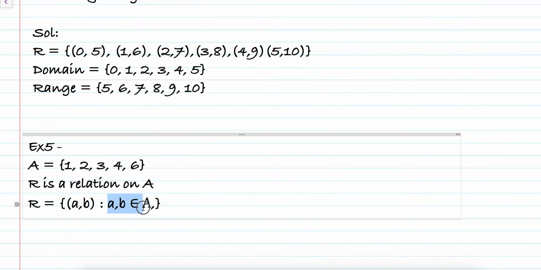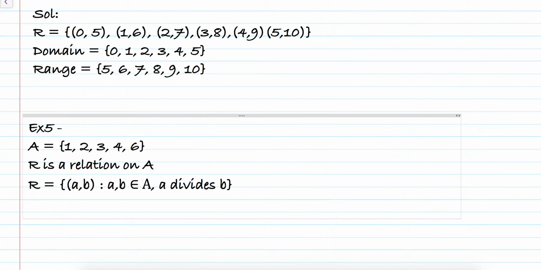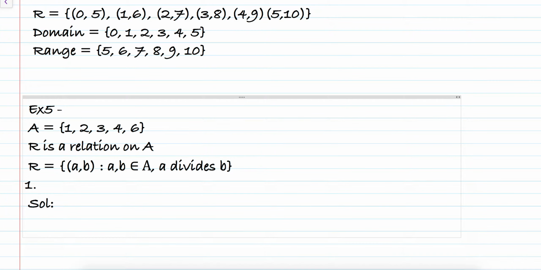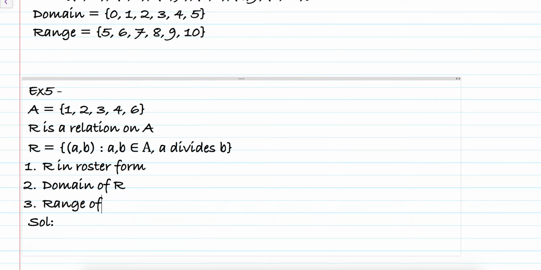So both a and b belong to A, and a divides b. We have to solve this: first, write R in roster form; second, find the domain of R; and third, the range of R.